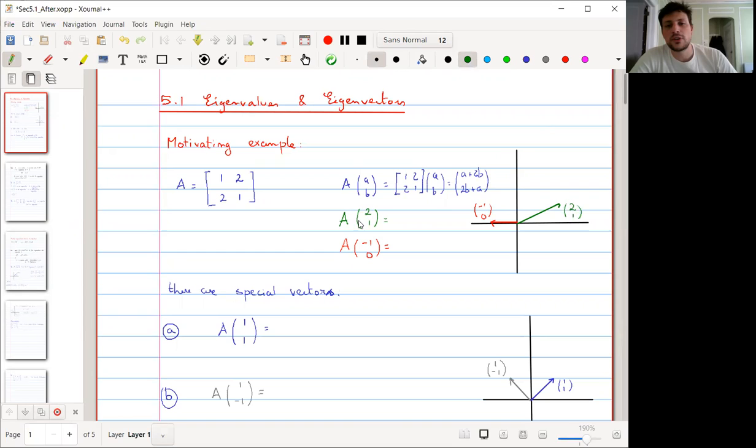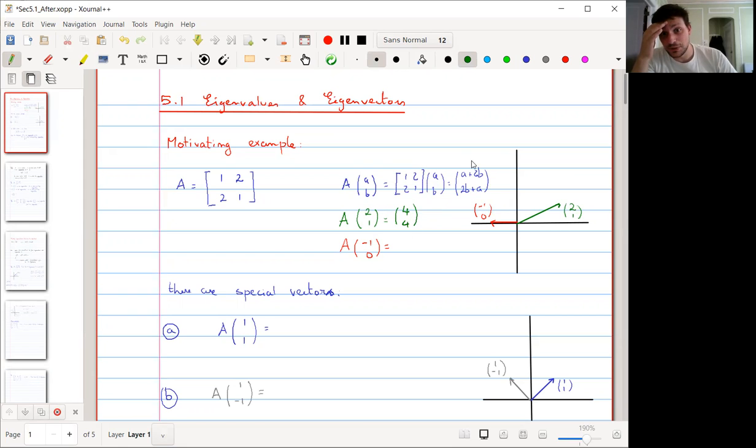If I apply this matrix to the vector (2, 1), for example, I get a equal to 2 and b equal to 1, but there's a 2 in front. Then 2b is 2, so we get 4.